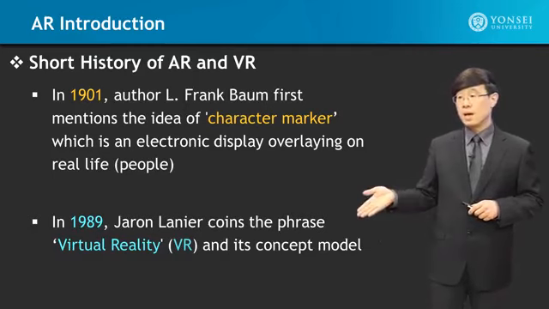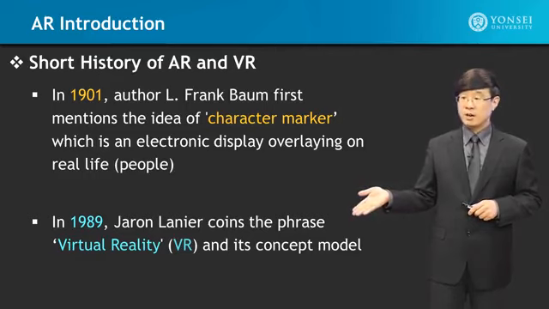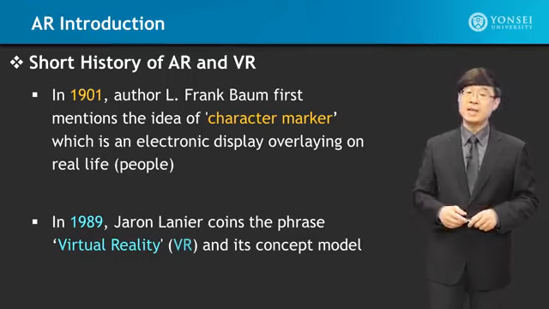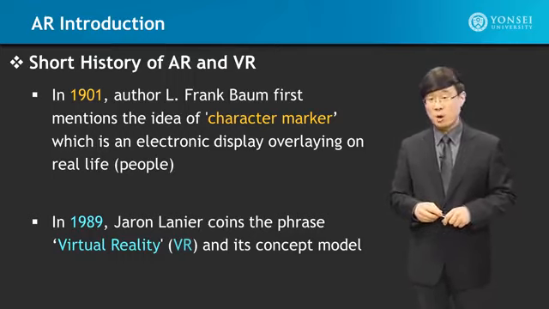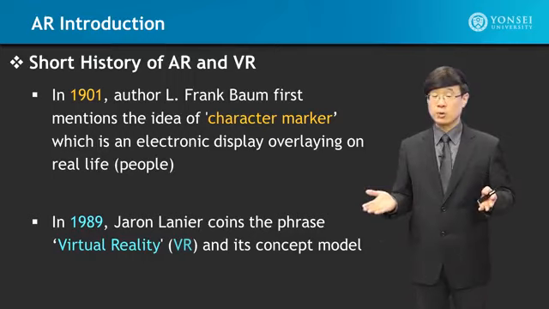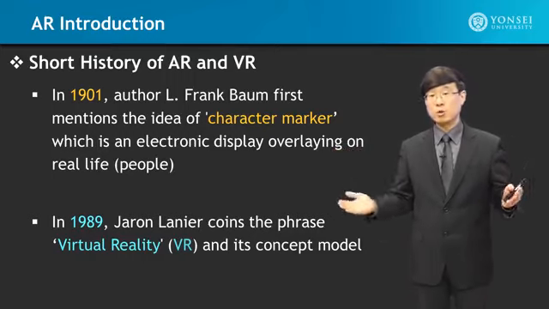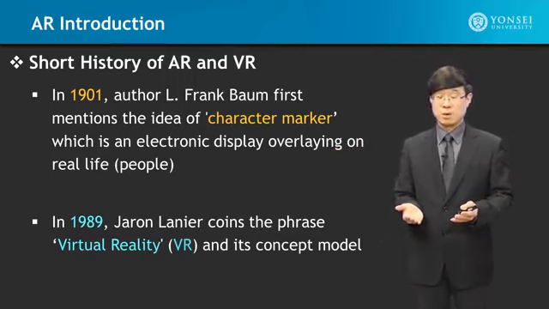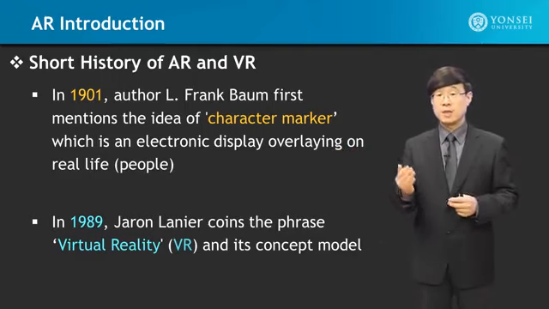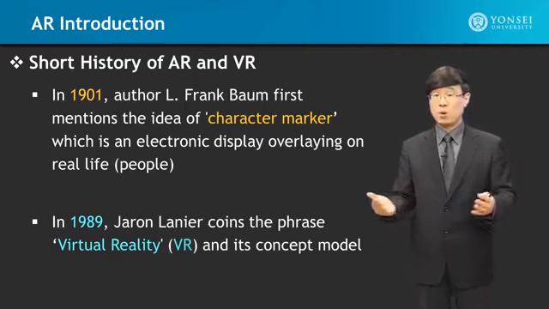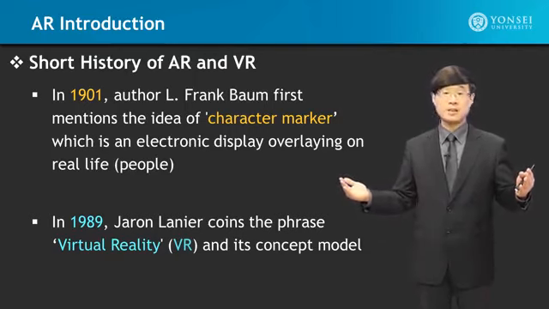This grew, and in 1989, much later, Jaron Lanier coins the phrase virtual reality, VR, and its concept model. As you know, virtual reality is different from augmented reality. In virtual reality, you have a virtual environment, which is animated. It's not the real world. The good thing about it is that the world can be anything you want it to be.